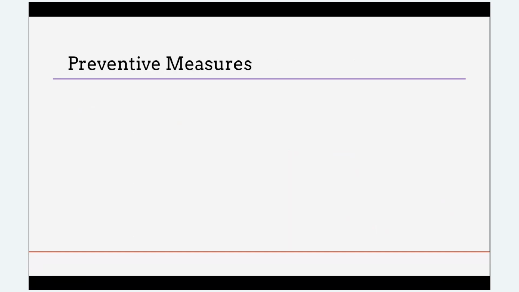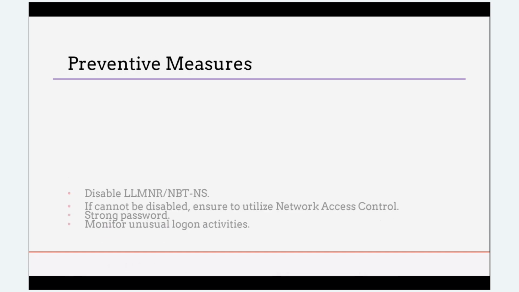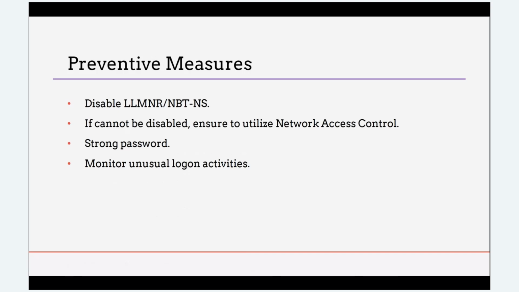What can we do? Now we know that this is the attack. We do have preventive measures. First and foremost, disable LLMNR and NBT-NS. In modern times, in most organizations, when the DNS cannot resolve, it will usually redirect to a public DNS server, for example Google 8.8.8.8.